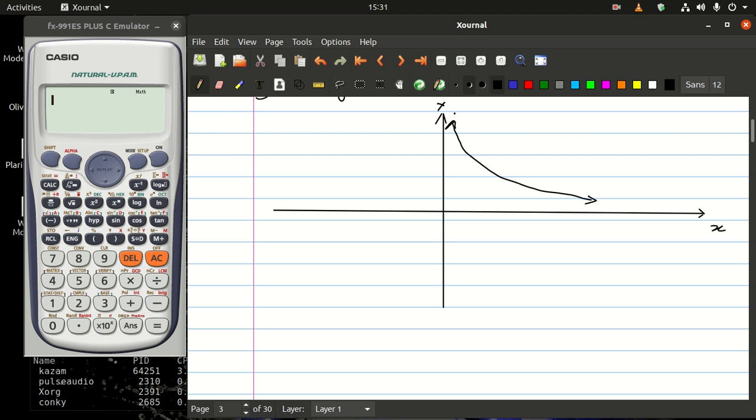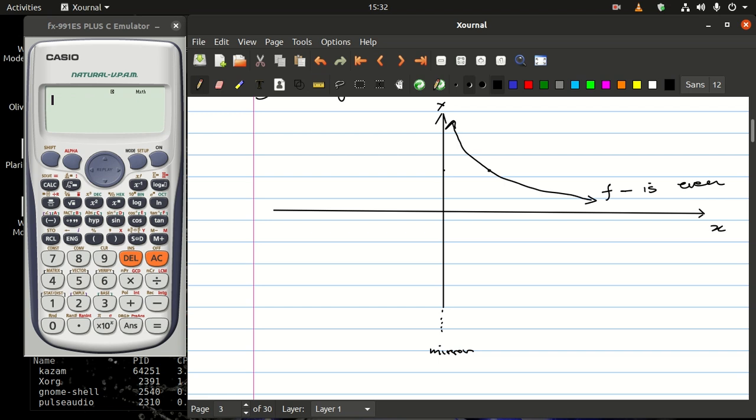The question now is saying, draw the remaining piece of f. I'm going to say this is f. Draw the remaining piece of this graph such that f is even. So if you want to draw the remaining piece of this graph such that f is even, what do you need to do? First of all, for even, the y-axis, you make it your mirror. You are standing on this side, somewhere here.